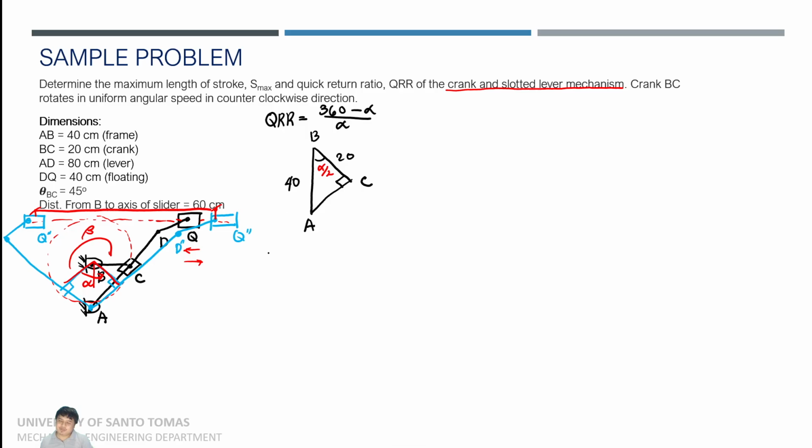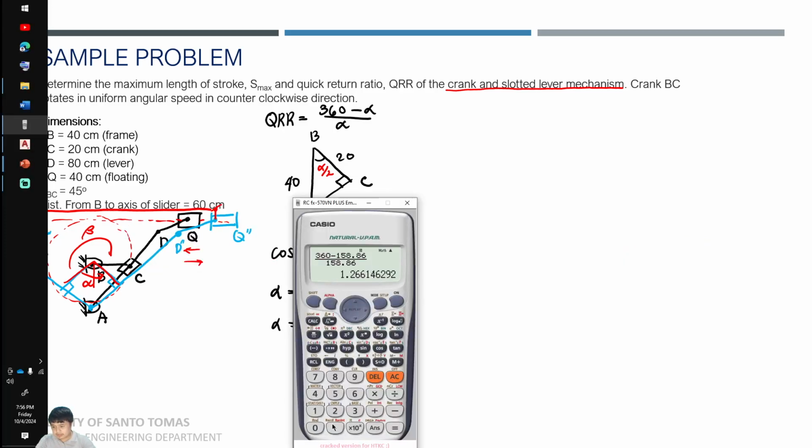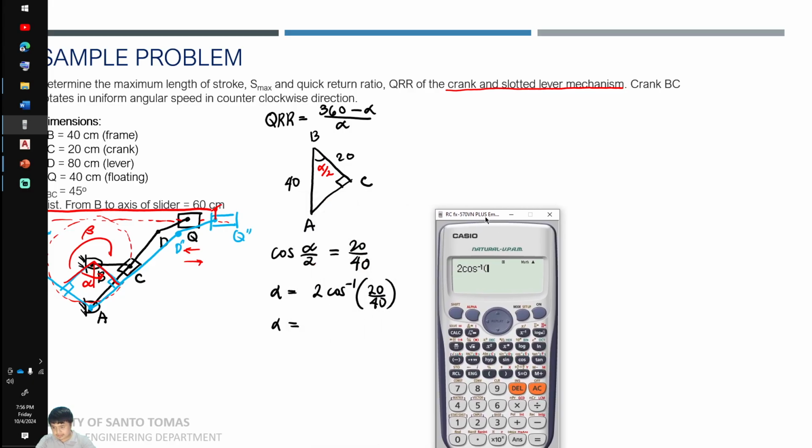So you can use a trigonometric function, cosine. Cosine of alpha over 2 is equal to 20 over 40. Therefore, alpha here is equal to 2 inverse cosine of 20 over 40, which is also 1/2.